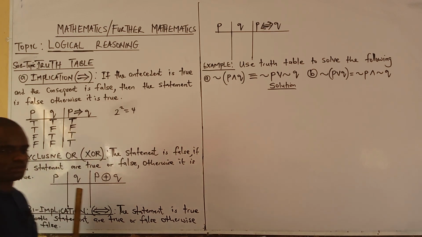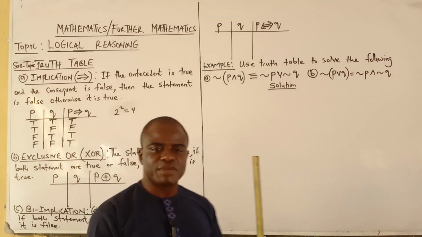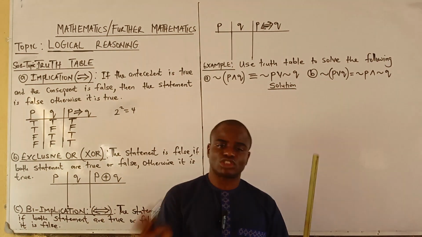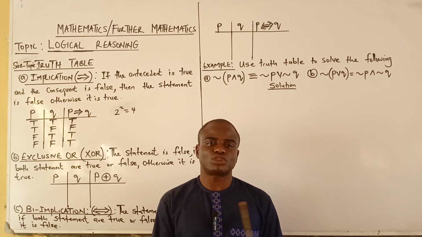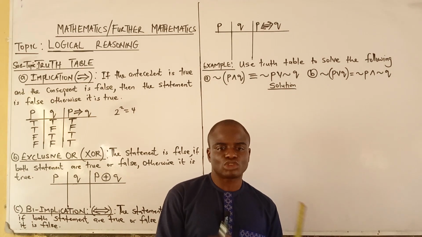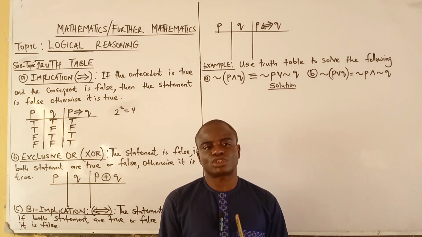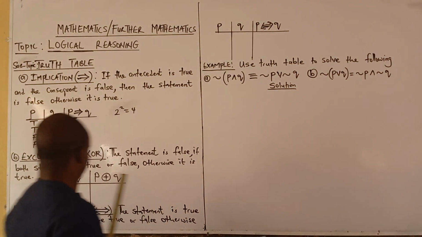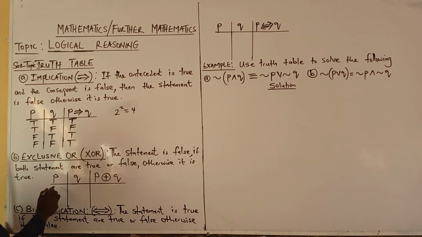Let's go to exclusive OR. The statement is false if both statements are true or both are false. That is, if the antecedent and the consequent are both false or they are both true. Now let's fill the first one.